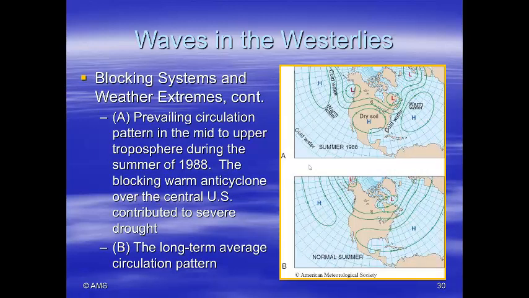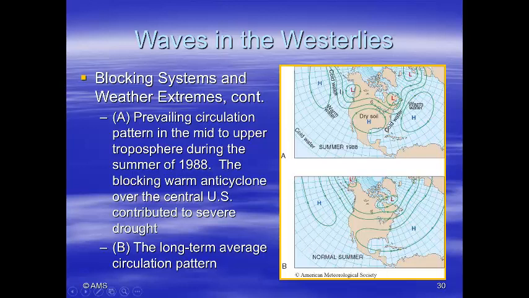So for the blocking systems and weather extremes, we see that in A, what we have are these prevailing circulation patterns in the mid to upper troposphere during the summer of 1988. And these blocking warm anticyclones over the central United States contributed to severe droughts.